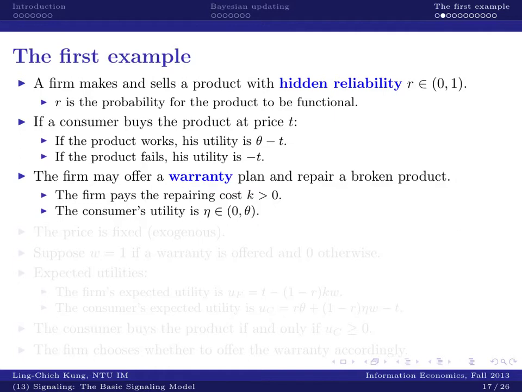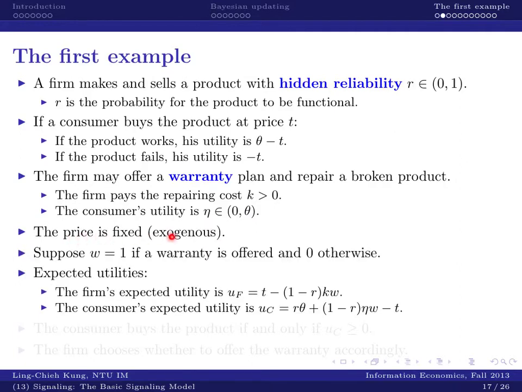Anyway, there is still something you may get after the product is repaired. To make things simple, we will assume that the price is fixed so that we may focus exclusively on the warranty decision. The manufacturer only makes one decision: whether to offer the warranty by setting W to be 1, or to set it to be 0 and offer no warranty.